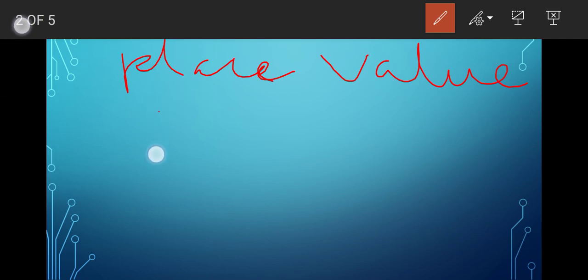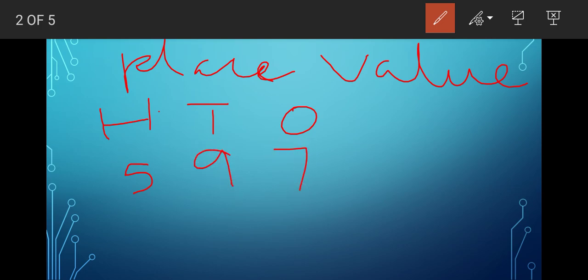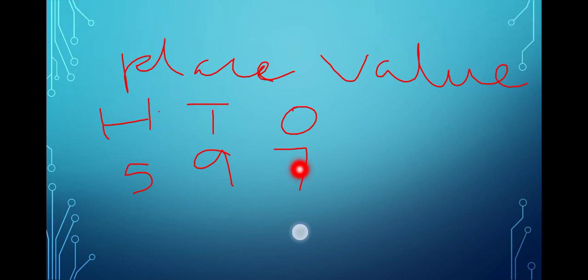For example, as you know, ones, tens and hundreds. So, I am writing here 597. That means 7 is in what place? 7 is in ones place. 9 is in tens place and 5 is in hundreds place.